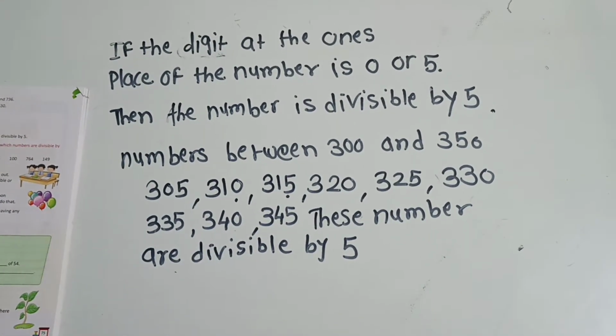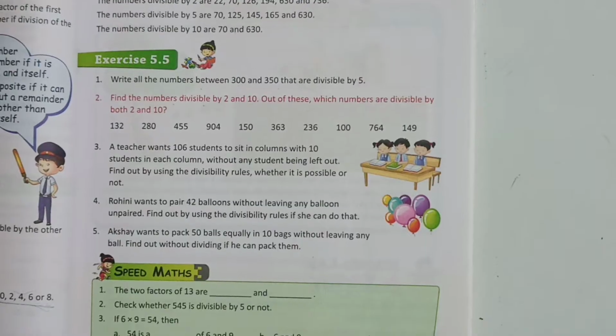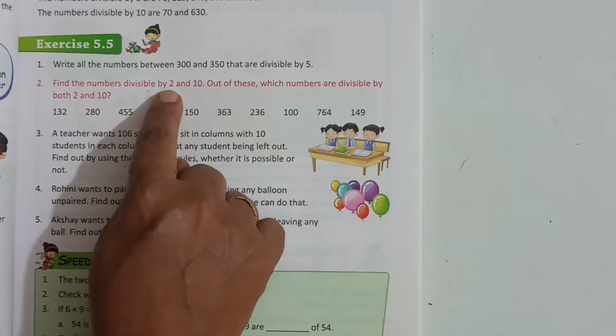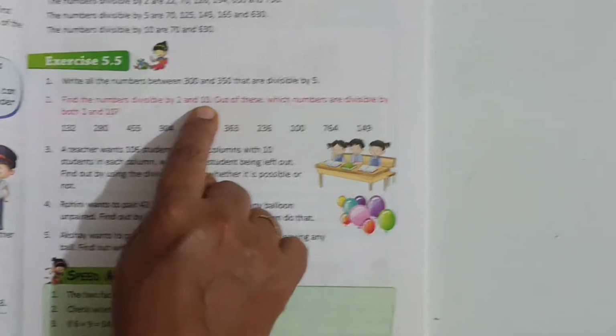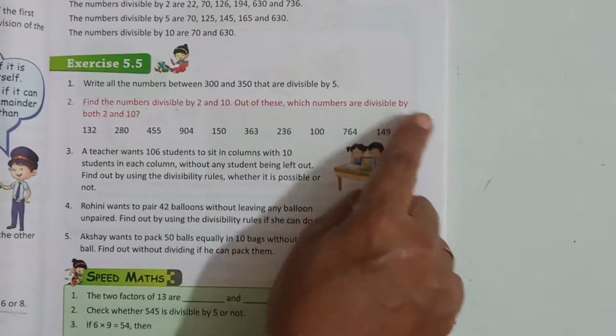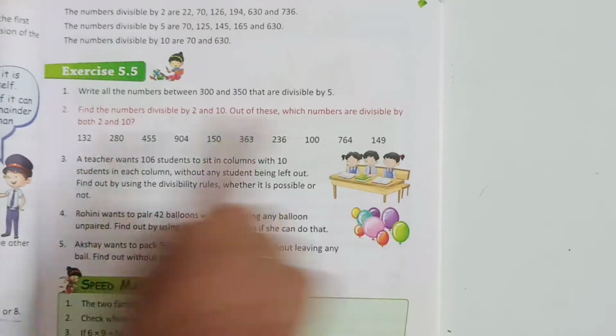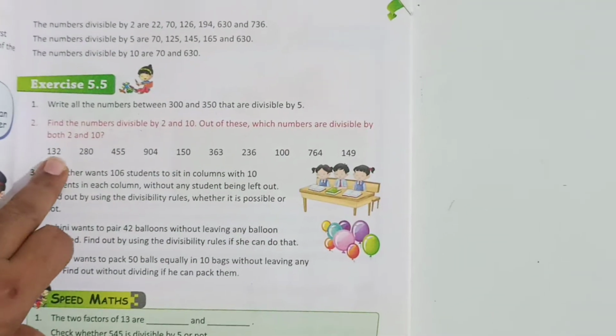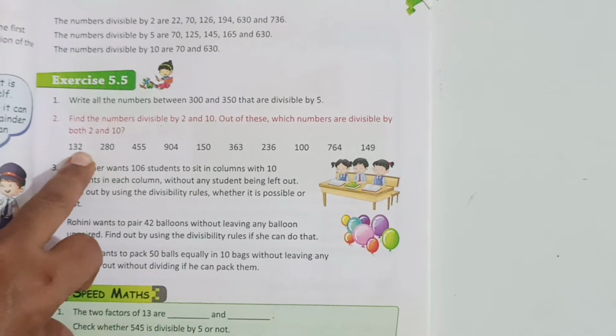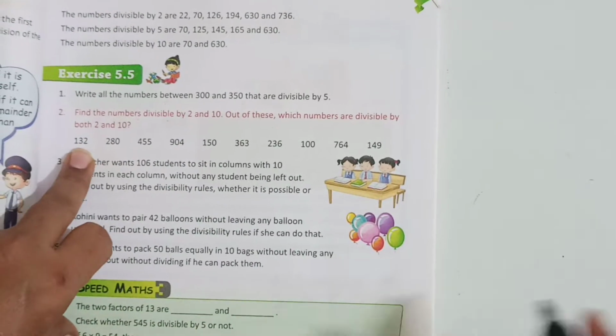Okay children? Now second question. Find the numbers divisible by 2 and 10. Out of these which numbers are divisible by both 2 and 10. Here are some numbers. Now tell me children, 132 has 2 in the ones place, so 132 is divisible by 2.